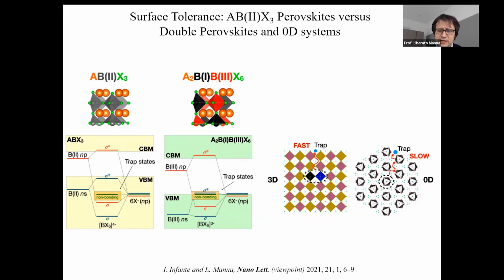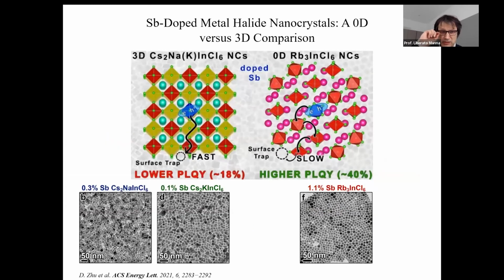On the other hand, in a zero-dimensional system in which the octahedra are completely disconnected from each other, because of this much lower exciton-phonon coupling, we reasoned that excitons formed in the bulk of the nanocrystals will have a harder time migrating to the surface, and so nanocrystals of this 0D system would probably have higher PL quantum yield.